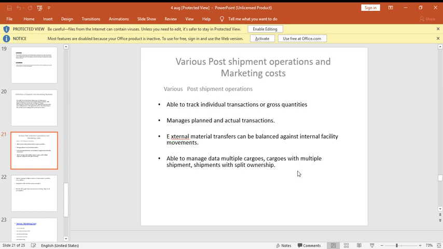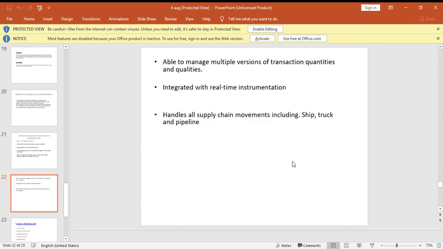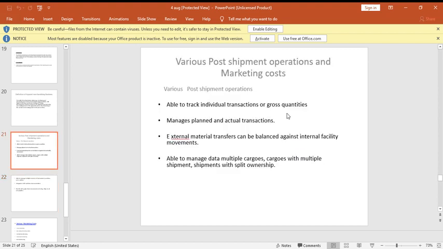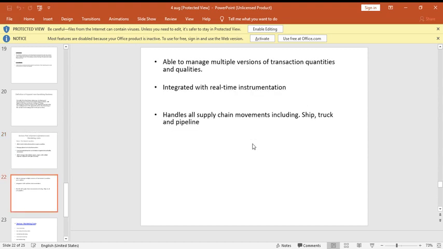Able to manage multiple carriages and carriages with multiple shipments with split ownership, able to manage multiple versions of transaction quantities and qualities, integrated with real-time instrumentation, handles all supply chain management, including ship, truck, and pipeline. And these are all the various post shipment operations.